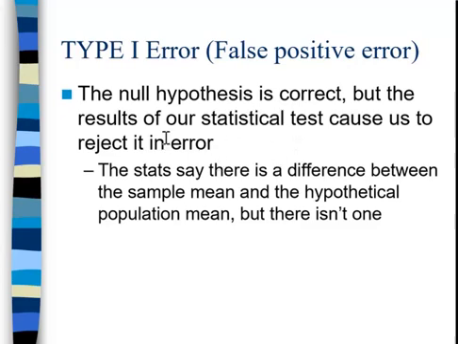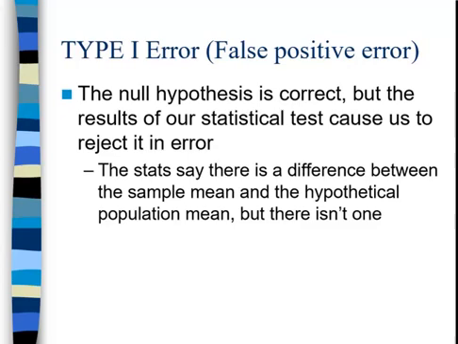And that's the key thing here, the results of our statistical test. So we ran a test, and it caused us to reject the null hypothesis in error. We didn't lie, there wasn't any deception. We ran a test, and the test caused us to make the wrong decision.